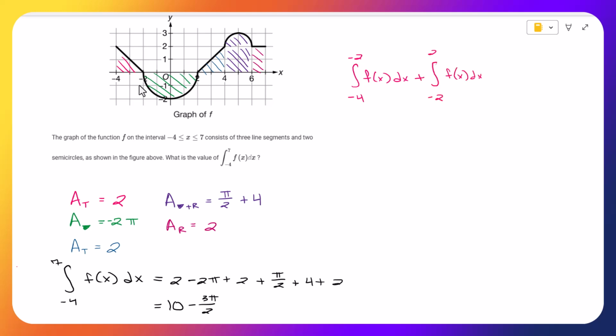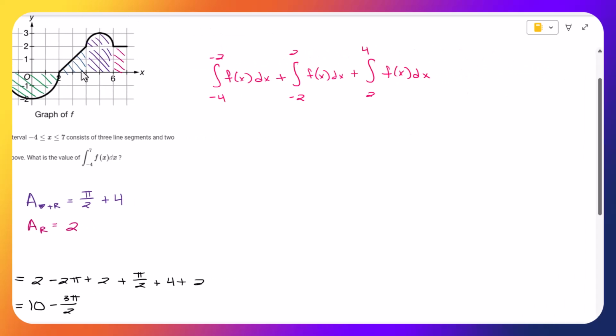And then what did we do? Well, we added that to our third piece. I should have color-coded it, but it's too late now. From 2 to 4, these are x values that I'm choosing, by the way, in case that's not clear, of f of x dx. And then we added that to our integral from 4 to 6 of f of x dx.